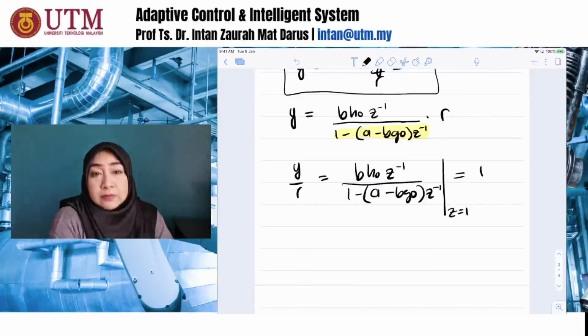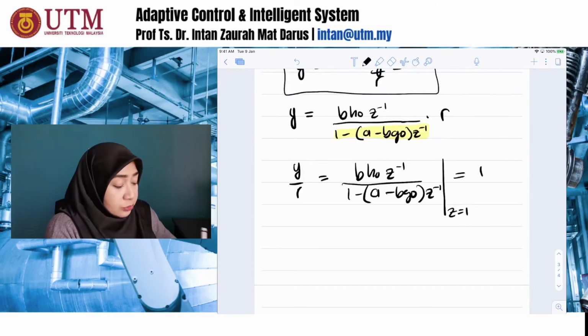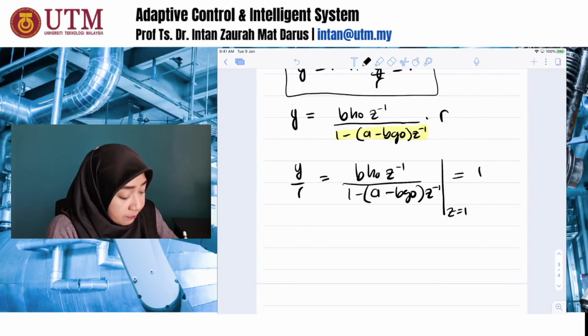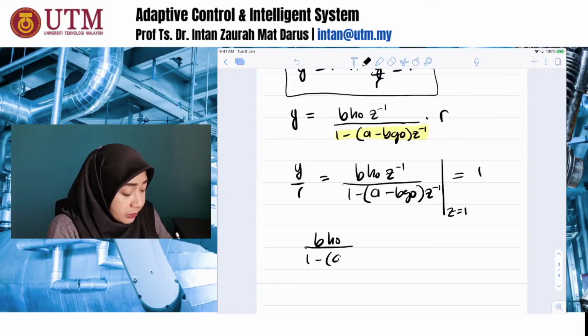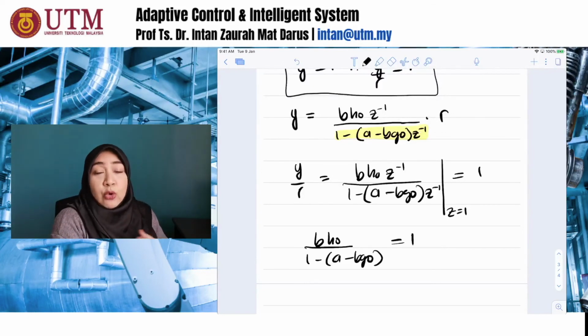Okay, so what we can do then is just substitute the value of Z equals 1 into the equation. Of course, z minus 1 will also become 1, because z minus 1 is simply equivalent to 1 over Z. So what you're going to have left in this equation is B H naught divided by 1 minus A minus B G naught, and this is equivalent to 1. You already have your G naught.